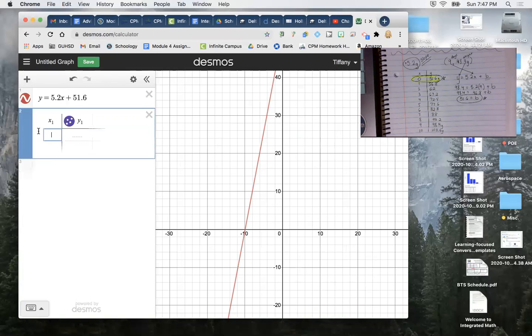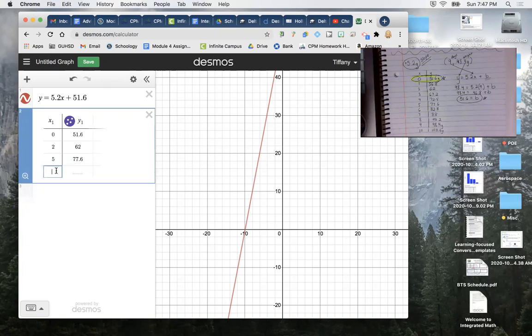I'm going to actually insert a table, and I'm going to put some of the points that we found. We found 0 and 51.6. We found the point 2 and 62. I'm going to put 5 and 77.6.